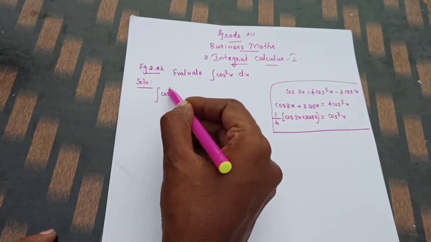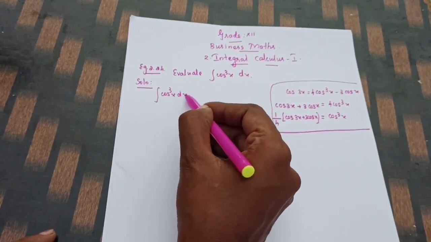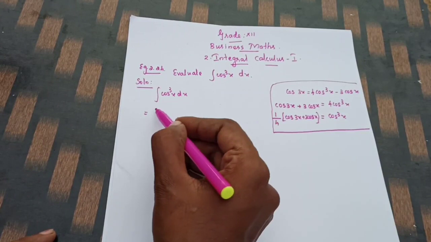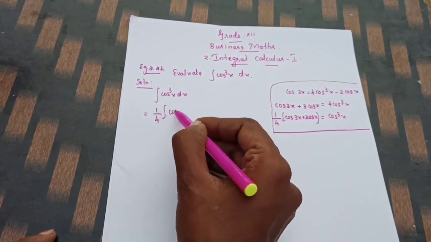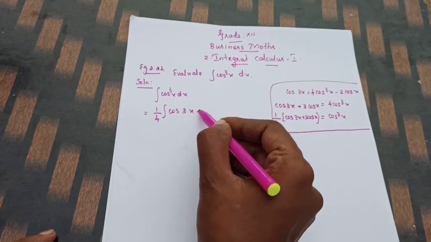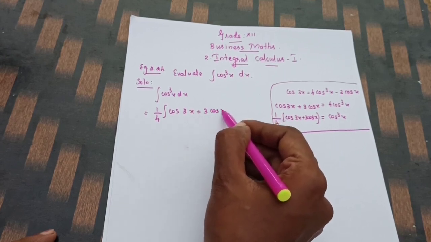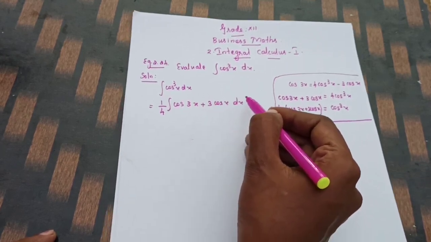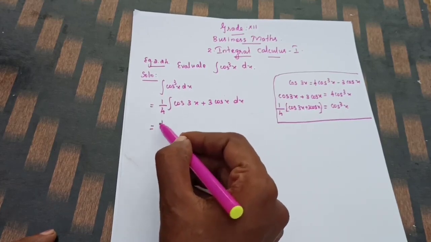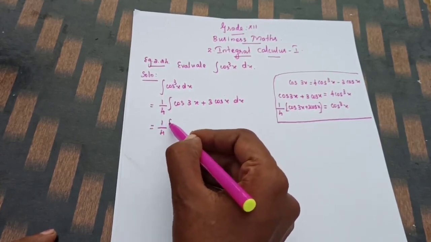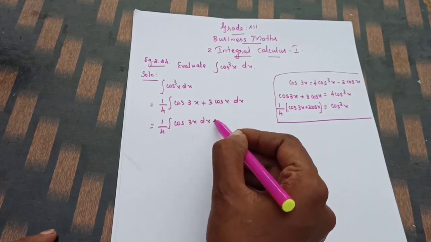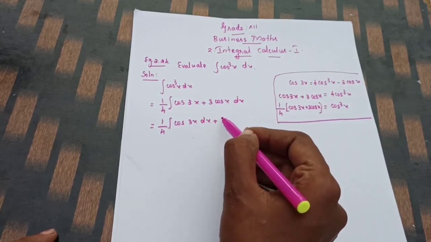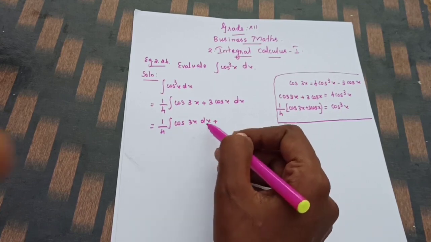That is, the integral of cos cube x dx is equal to, substitute this one here, 1 by 4, that's the constant, cos 3x plus 3 cos x dx. That is equal to, split it, 1 by 4 integral of cos 3x dx plus 3 by 4 integral of cos x dx.